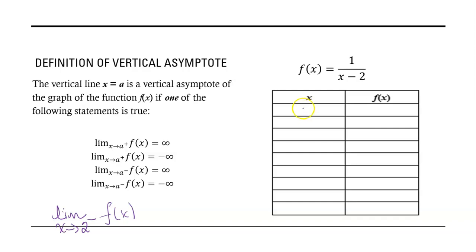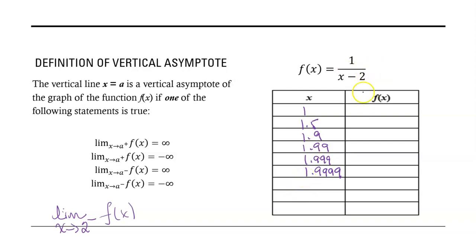So we'll choose x values like 1, 1.5, 1.9, 1.99, 1.999, 1.9999. So you should be getting a sense of what we're trying to accomplish here.